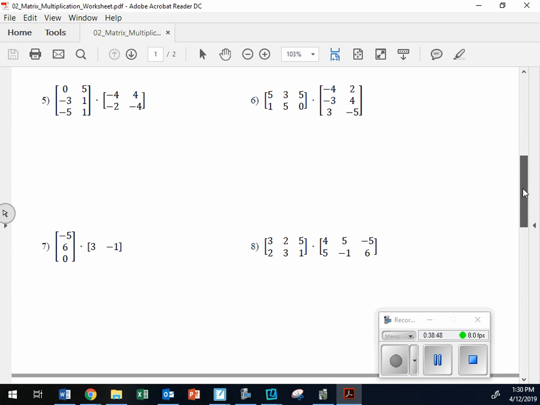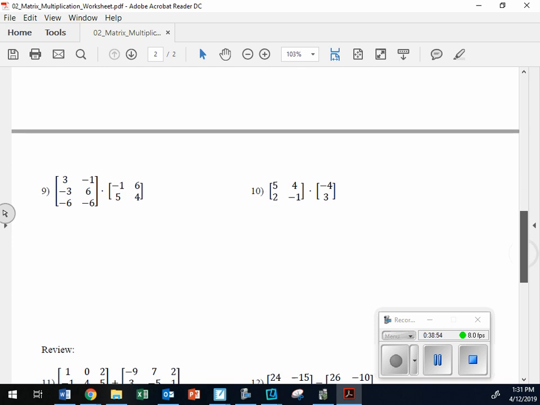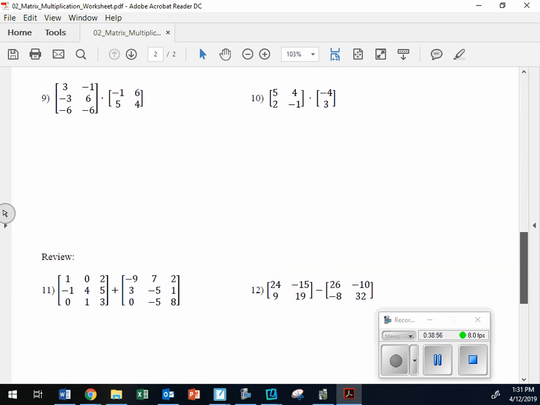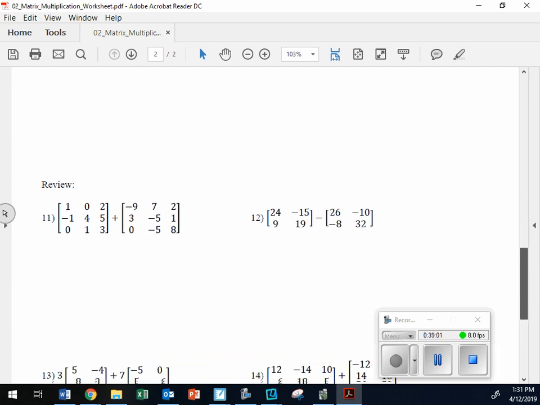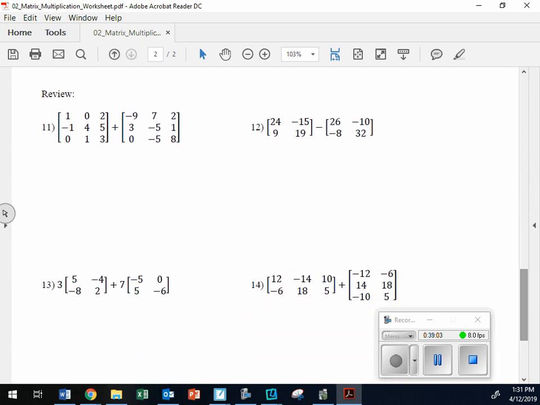Next one we're going to skip is number 8. And then, let me think. Number 11's a skip. Number 12 is a skip. It's just so easy. If you really want to practice, go ahead. I don't think you need to, as long as you did your homework yesterday. So then we'll just do this one.